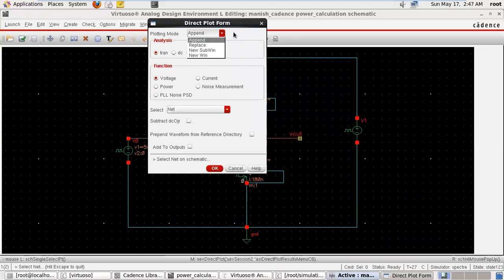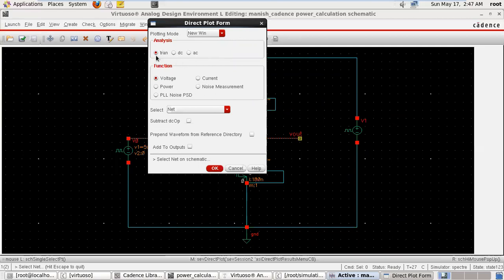If we use replace, it will replace the existing plot. With new subwindow, the plot is drawn in a new subwindow, and with new window, the plot opens in a new window. We will show this later.